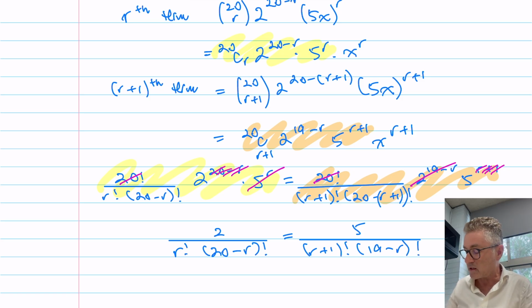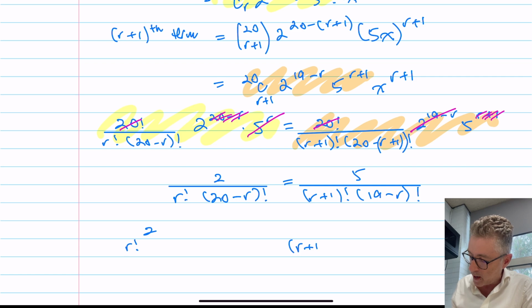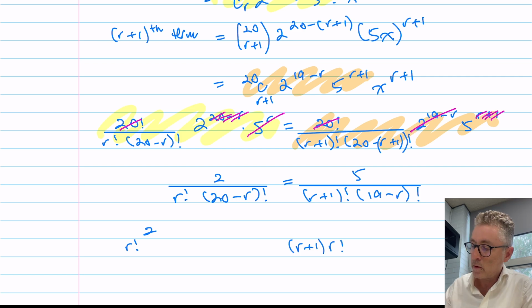Now, we can definitely do some cancellations in our factorials. Let's consider the r and the r+1. r factorial is here, and (r+1) factorial is (r+1) times r factorial. Now I'm going to do the (20-r) factorial. (20-r) factorial is going to be 1 more than (19-r) factorial, if you follow me.